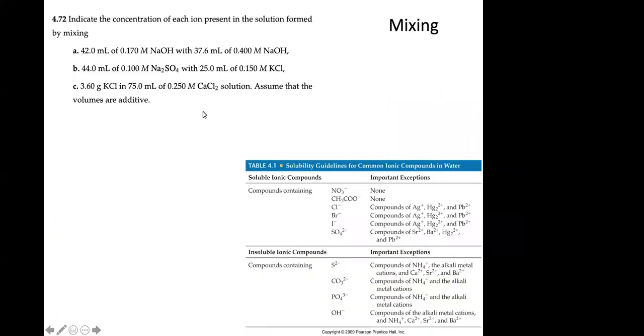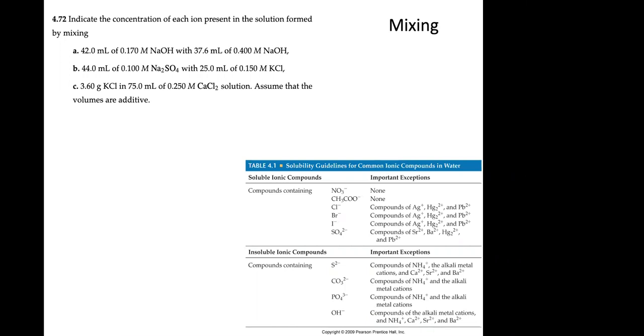Here's one that's related in the same way, where we're also thinking about determining what the concentration is. This one says indicate the concentration of each ion when you mix together these solutions. First thought is, we're not seeing a chemical reaction take place here.